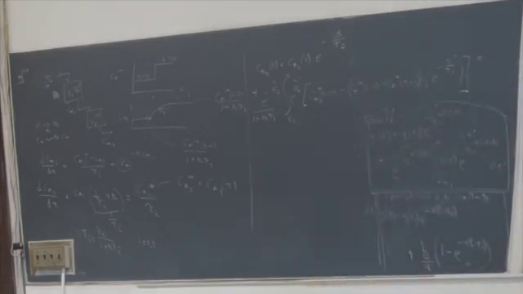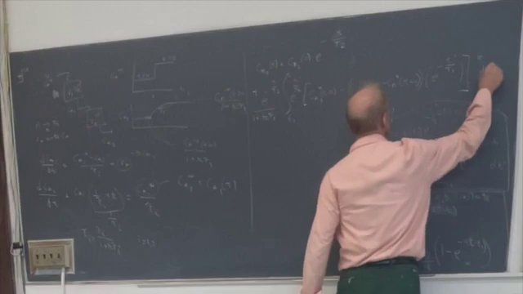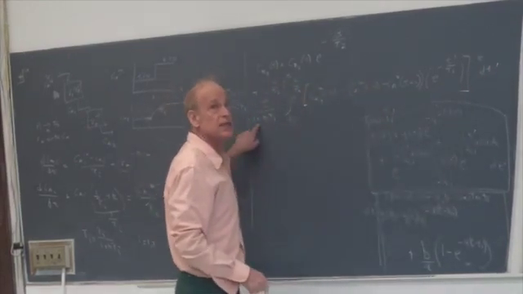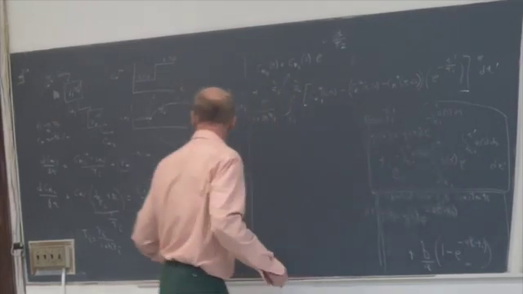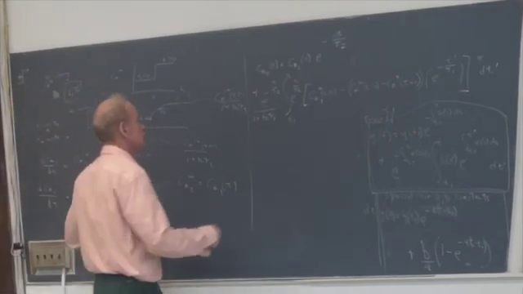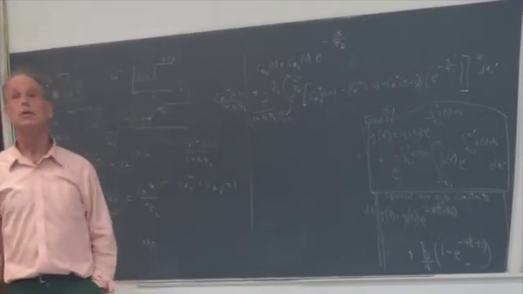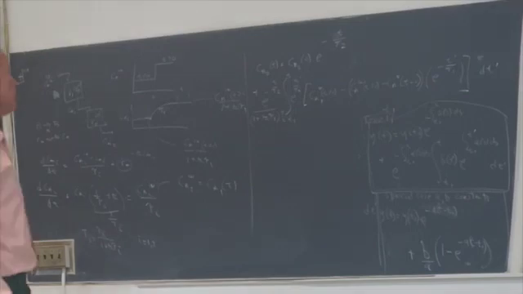And instead this should have been CA in 1, not CA in 2, dt prime. Because this whole thing, with the 1 over 1 plus k tau 1, is CA1 of t, which is what I needed here. And I have to divide, of course, by tau 2. So now I just have to identify things and do the integral.